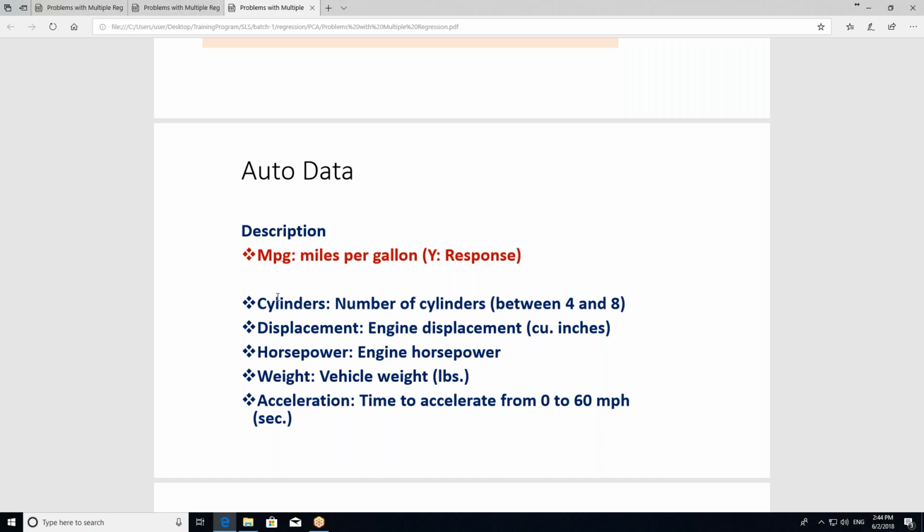Somebody told me that you should look at cylinders, displacement, horsepower, weight of the vehicle, and acceleration. So I want to know how cylinder is influencing the mileage of any vehicle.